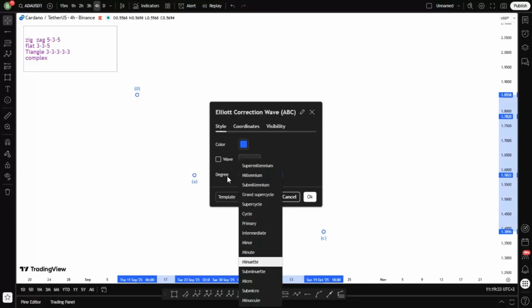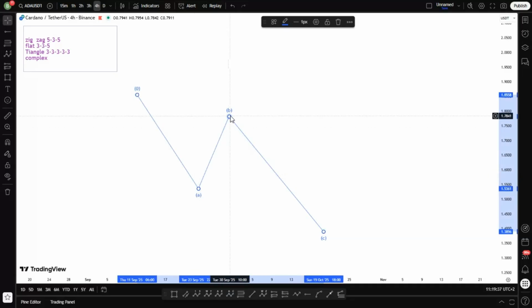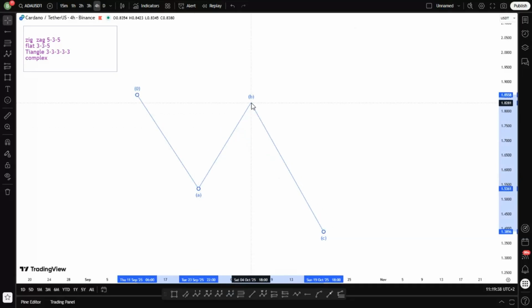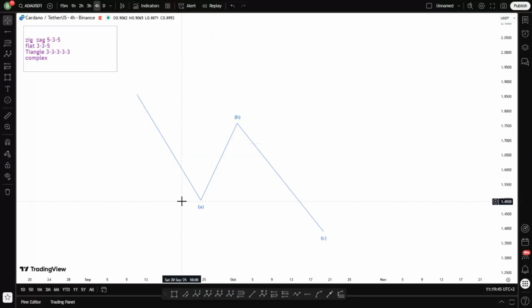According to our understanding, we know that an ABC can form in various ways. To identify it as a zigzag, wave A has to be a five-wave move unfolding, then in wave B we need to see three waves, and then in wave C we need to see another five waves.